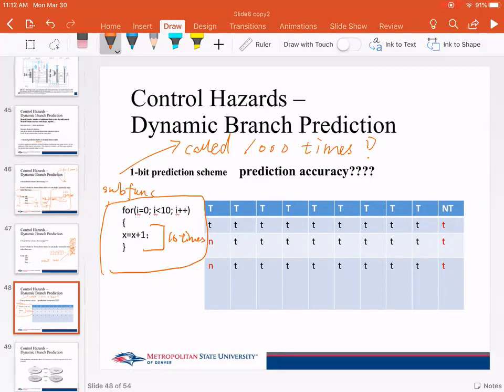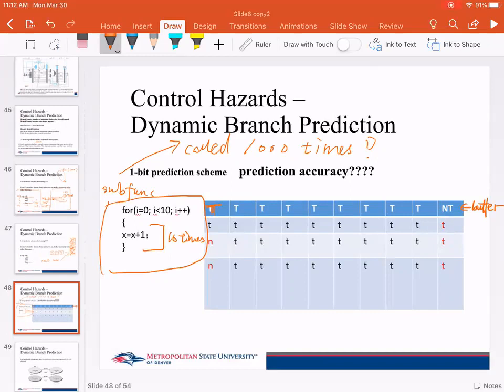So my original branch prediction buffer is initialized as T. This is the buffer content, initialized as taken. So suppose I say the branch is taken on my first time. It doesn't really matter what you predict for the first time, okay?